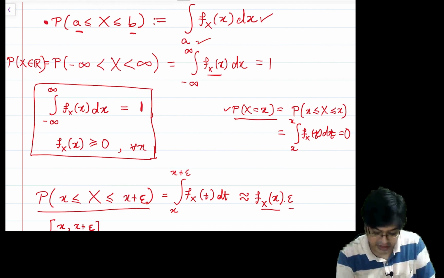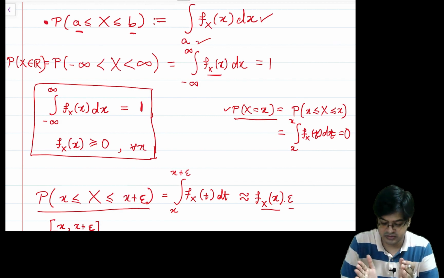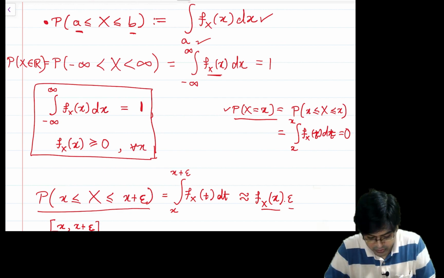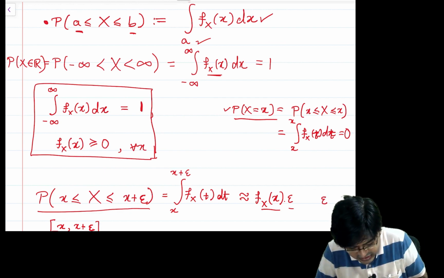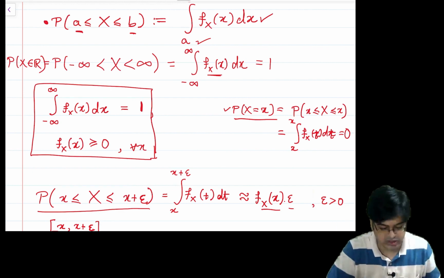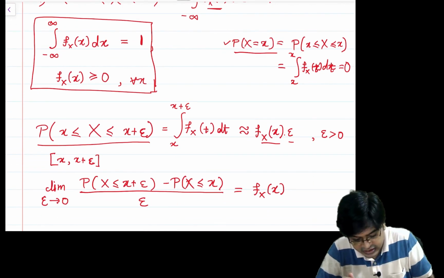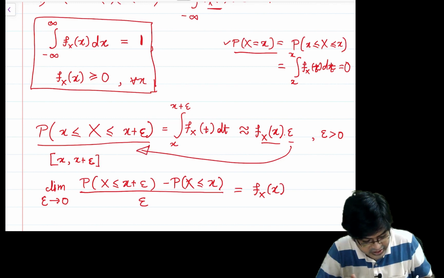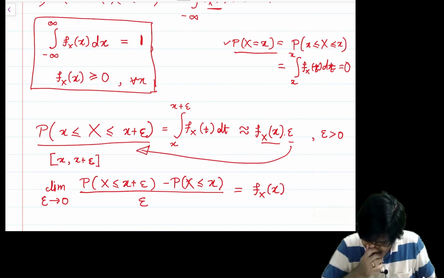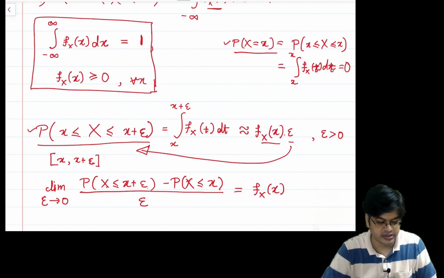Okay, so if I do this, then I can connect this to something which is called the probability mass function. So let me do one more thing. As I cannot say epsilon is equal to 0, epsilon will always be greater than 0 and small enough. Then I can actually take this epsilon onto the other side, as I have written here, and I can split this probability into the probability of X less than or equal to x plus epsilon minus the probability of X less than or equal to x.